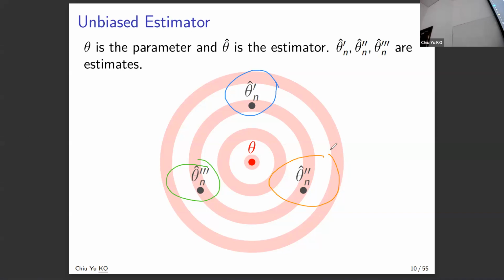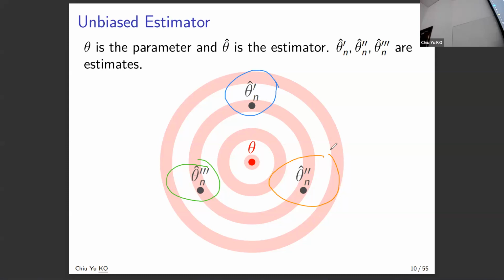Of course, in machine learning, if you study more, you will give up this goal. Indeed, in machine learning, a lot of the rules that you learn are biased. But in a classical approach, we favor unbiased estimators. The reason is that at least there's some hope: if you repeat the survey multiple times, the average of those gets what we want.